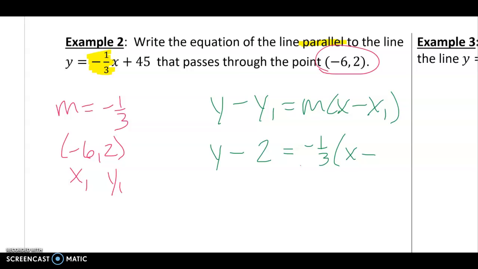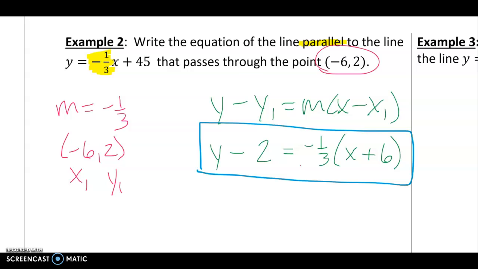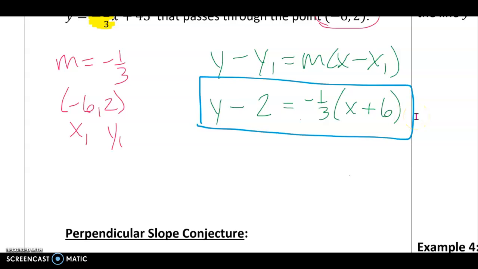So the double negative will make it plus. Many of you just probably want to remember that it's the opposite sign of -6 would be a +6. So remember guys, like we said earlier, this is a correct answer. But on the STAR test or any other test, the answers might be in y equals mx plus b form. So let's remember how to convert it to y equals mx plus b.